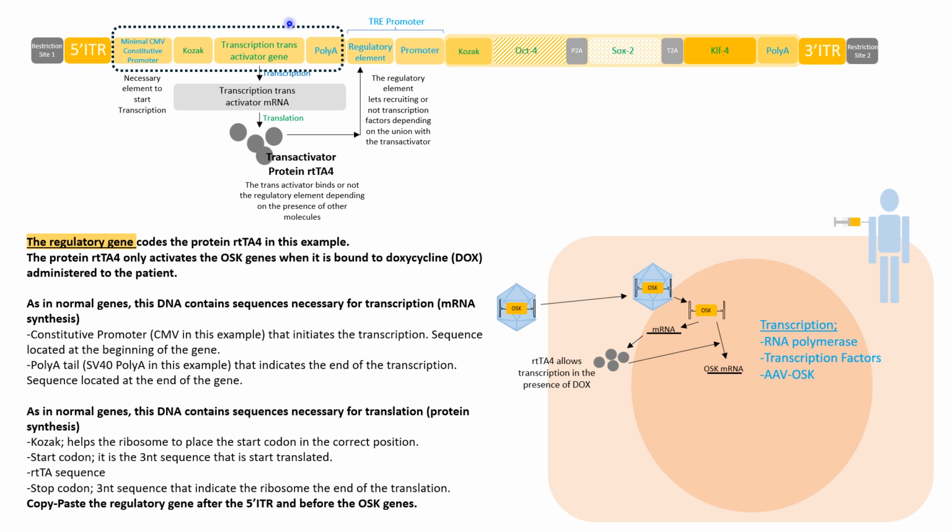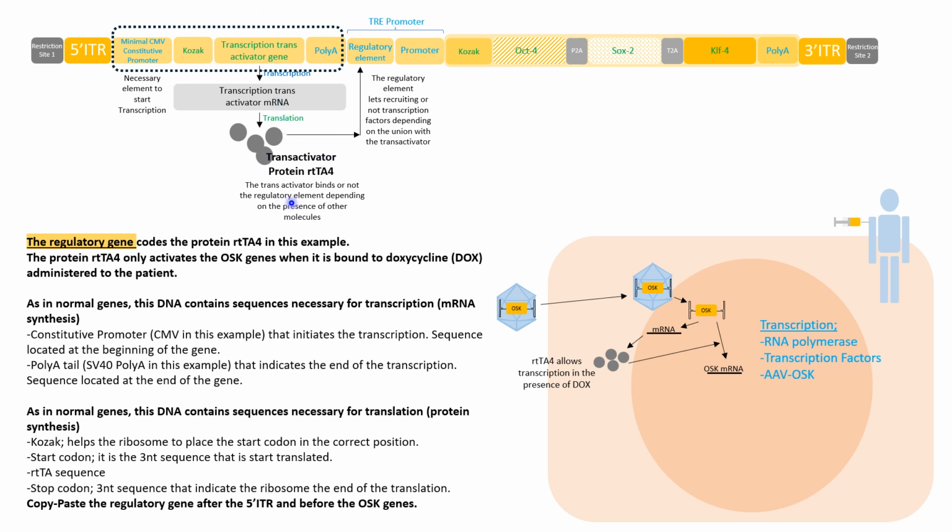Inside both sequences, we have information necessary for translation, that is to say, the production of proteins. For starting the translation, we have the Kozak sequence and the start codon, and for finishing the translation, we have the stop codon. In between the start codon and the stop codon, we have the sequence of the genes, of the regulatory genes.